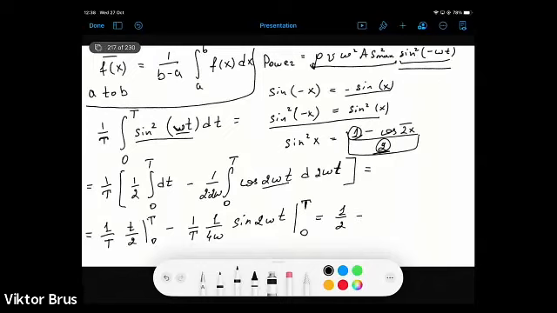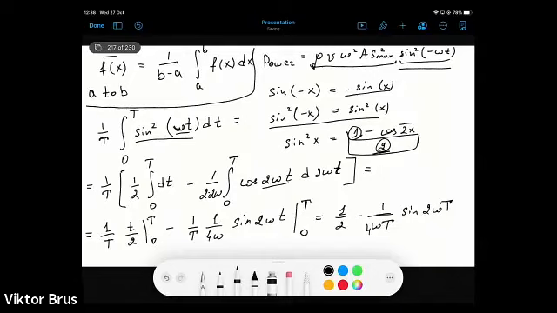Then we have minus 1 divided by 4 omega T, times sine 2 omega T.